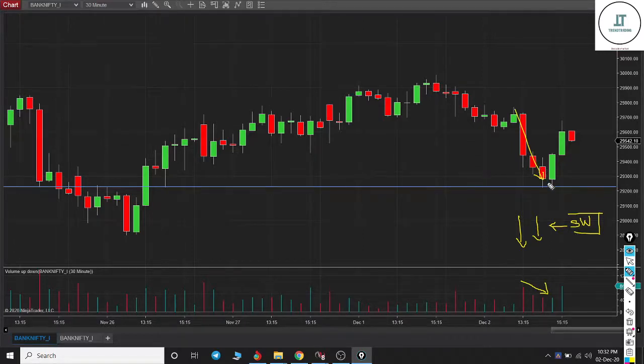So once price rejected with this candle formation in the 30-minute, now I will again go back to the 5-minute, because when price rejected, this candle has already made a 200 point move. We could not have managed to take a trade in the 30 minutes. Let's go back to the 5-minute time frame.